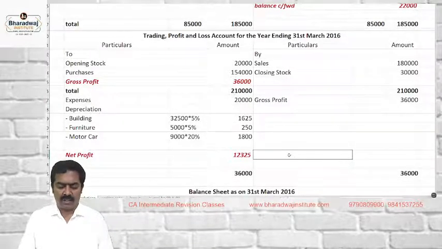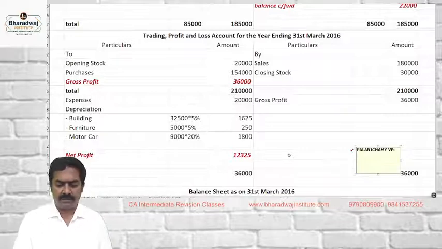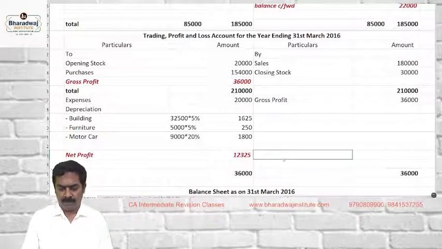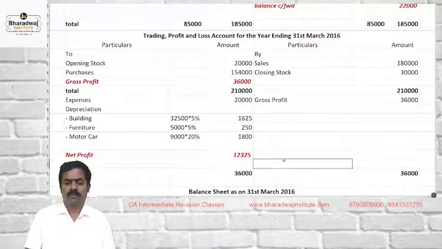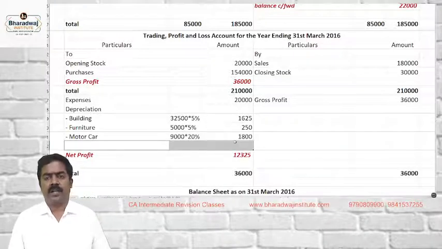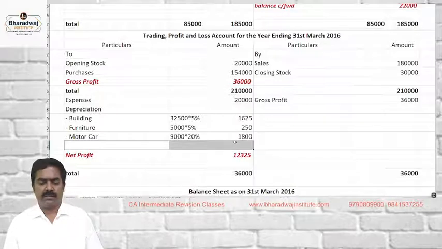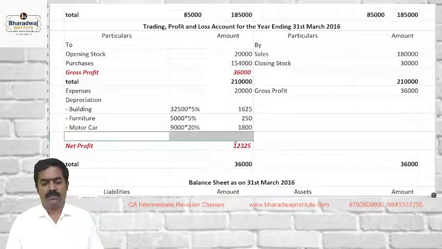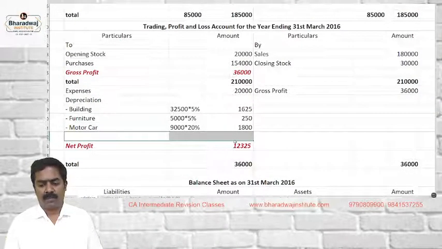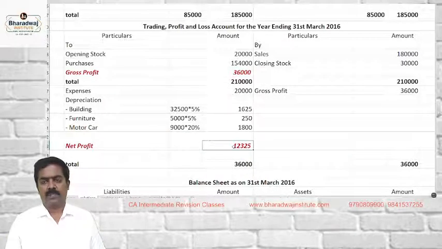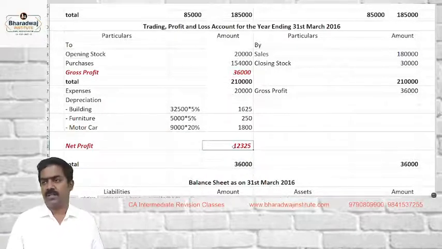Net profit is 12,325. Cash defalcated may be taken as what? Recoverable from the cashier. Next, prepare the balance sheet with all these information.